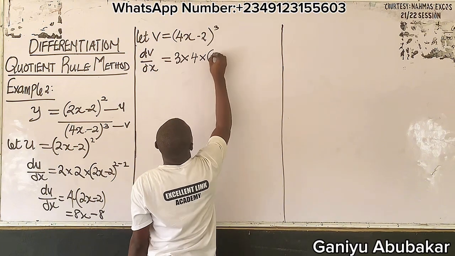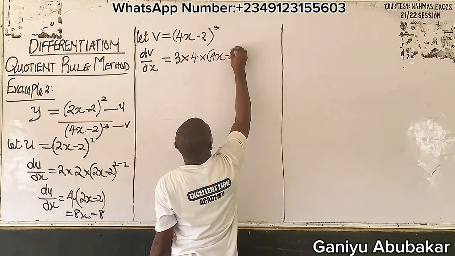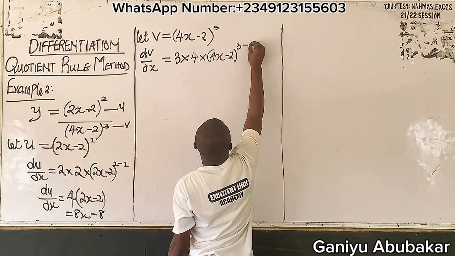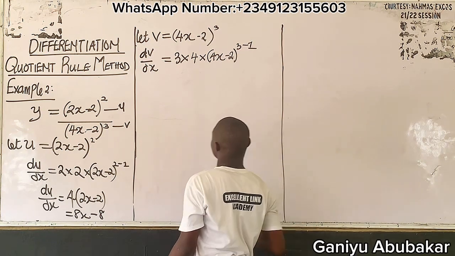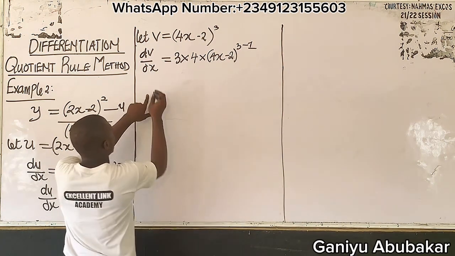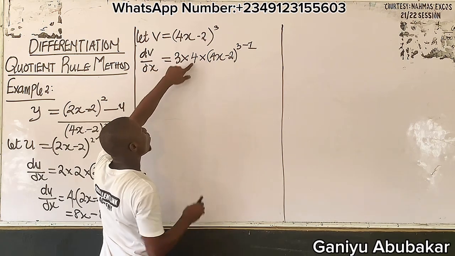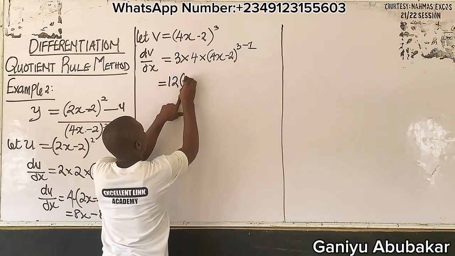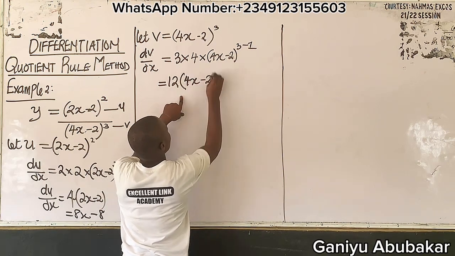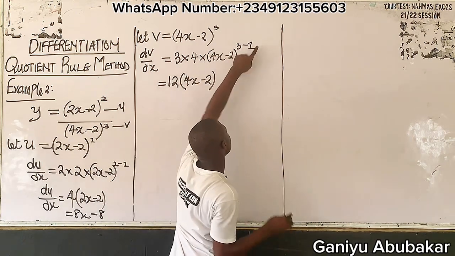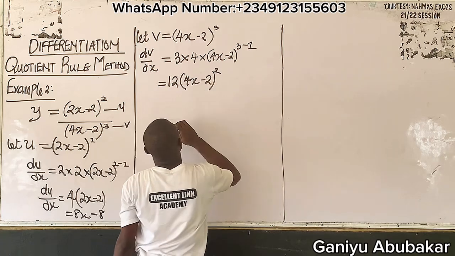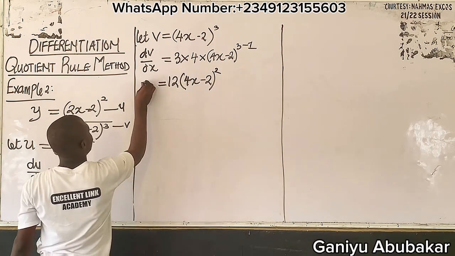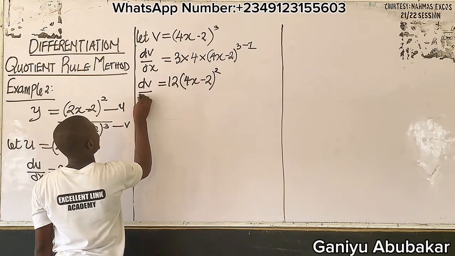Repeat the question, (4x - 2) to the power 3, then subtract 1 from the power. On simplifying this, I'll have 3 times 4 is 12 into (4x - 2), since 3 minus 1 gives 2. So this value is my expression for dv/dx.